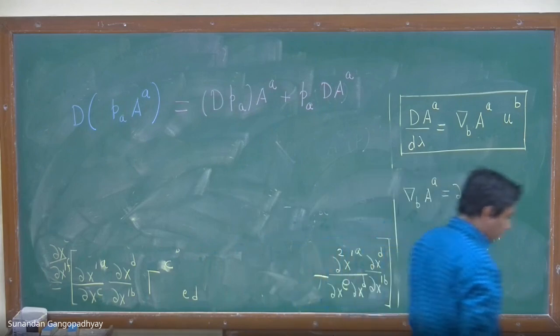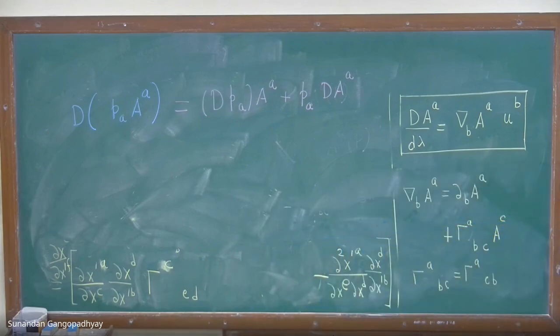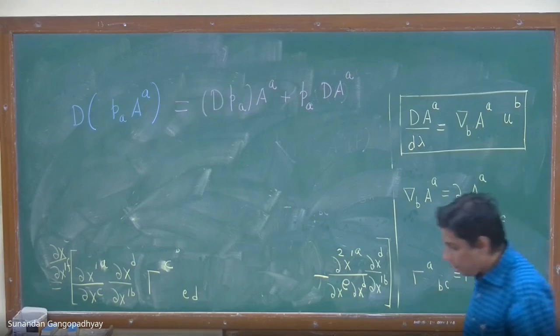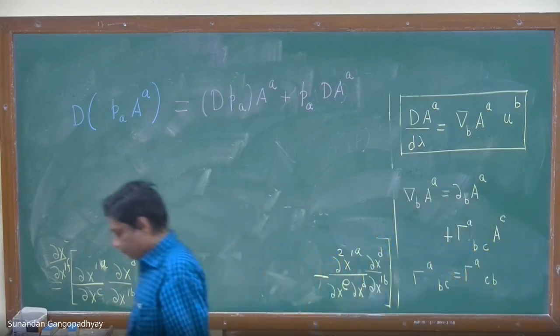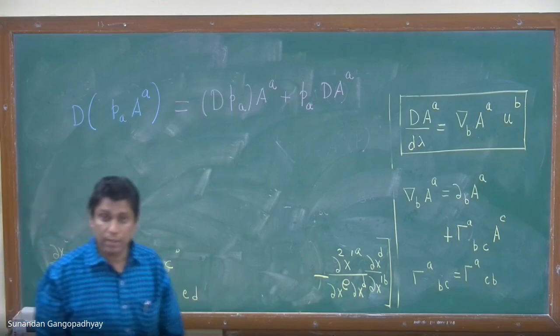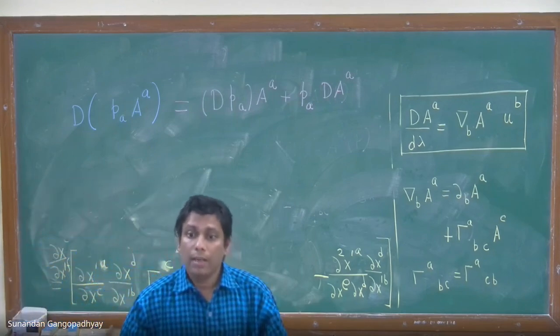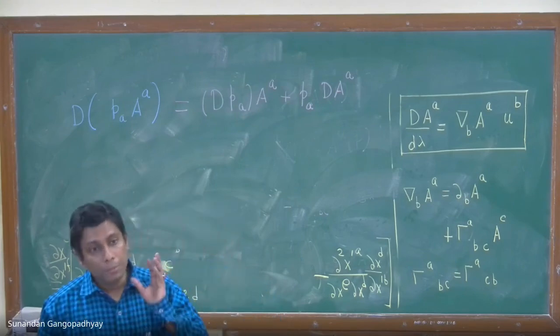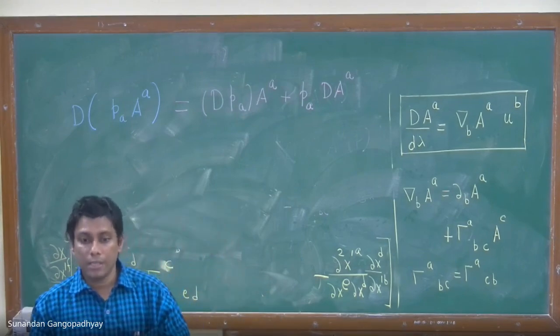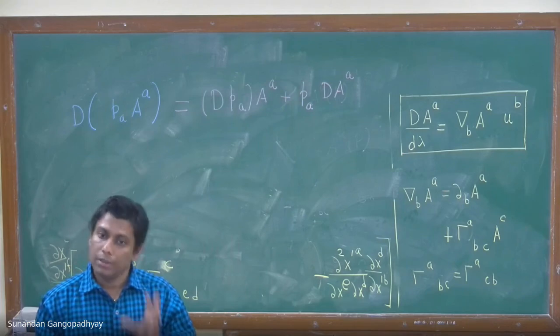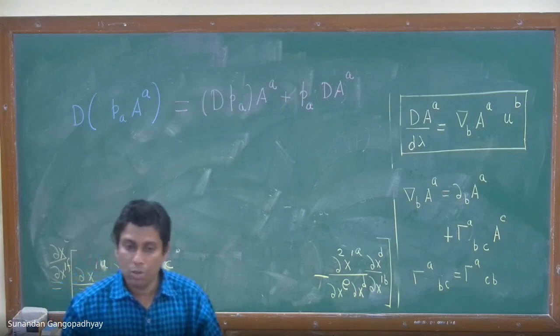Capital D is a derivative operator. The Leibniz rule is some rule that you impose. You say that all derivative operators that you have, whatever derivative, they should obey the Leibniz property. That should always be there.